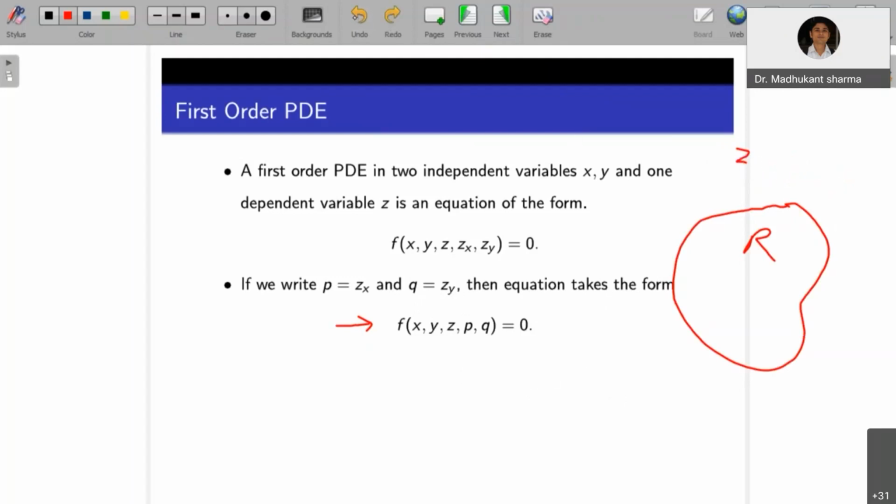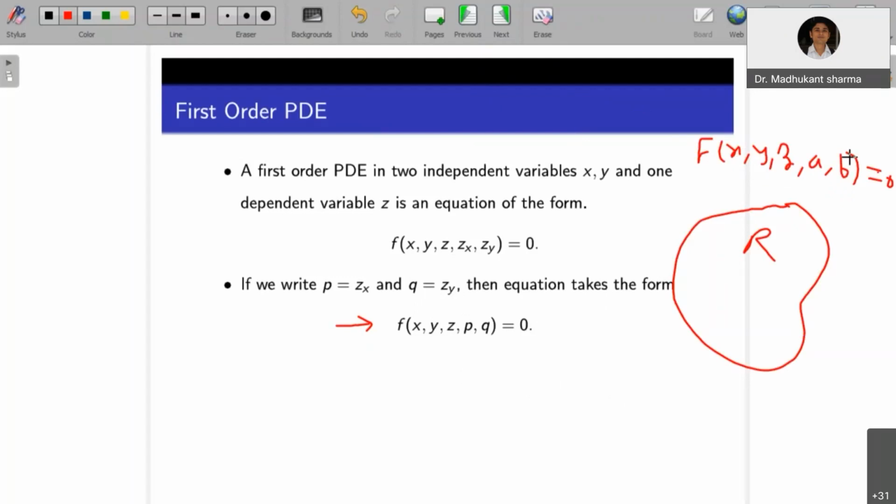It may possibly be some f of x comma y comma z comma a comma b, which you will see later on. It is going to be a general solution.